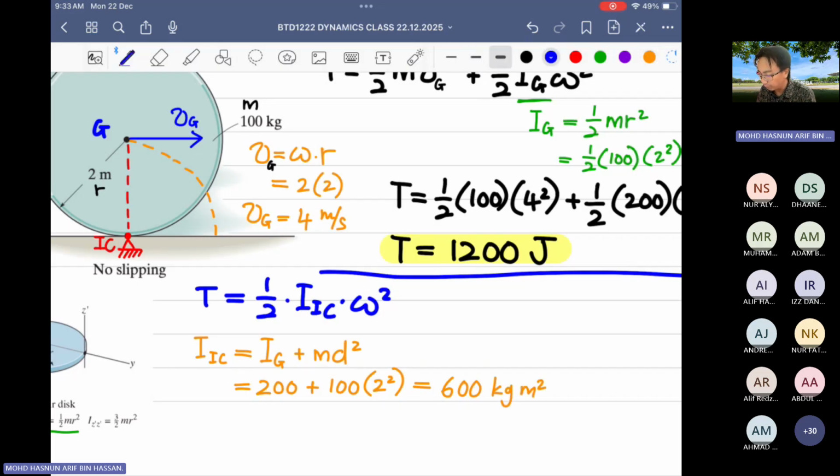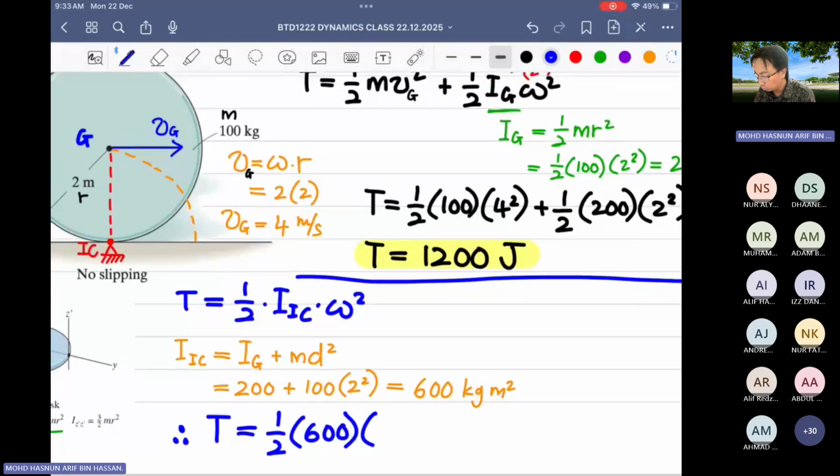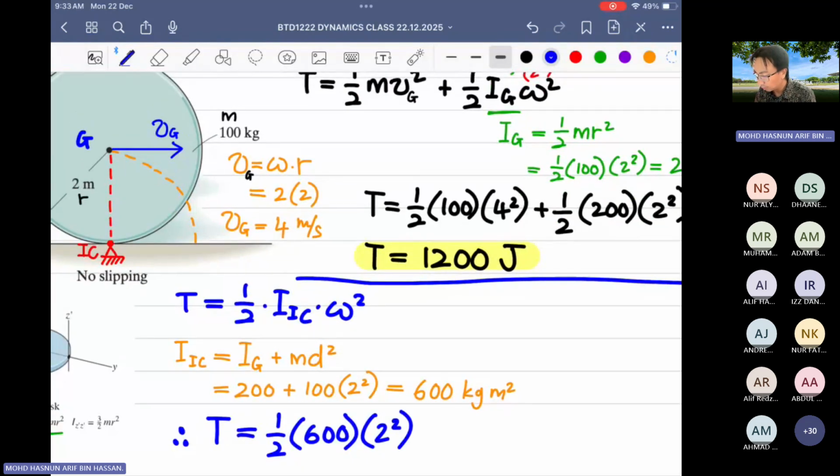And then finally, we can solve this. Therefore, T is equal to 1 over 2 times 600 times omega, which is 2 square.